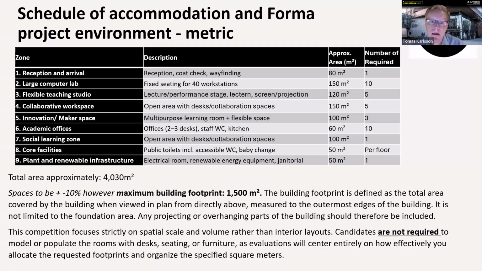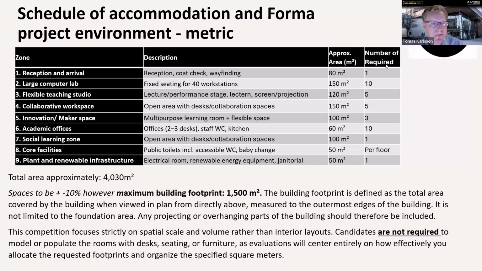If we start with the table on the screen, the schedule of accommodation sets forth that you need to include 9 different zones in your learning and innovation hub. I won't go through the descriptions, they're here to help you, but do take note of the square meter area that each zone needs to have, and the number of required zones of each.